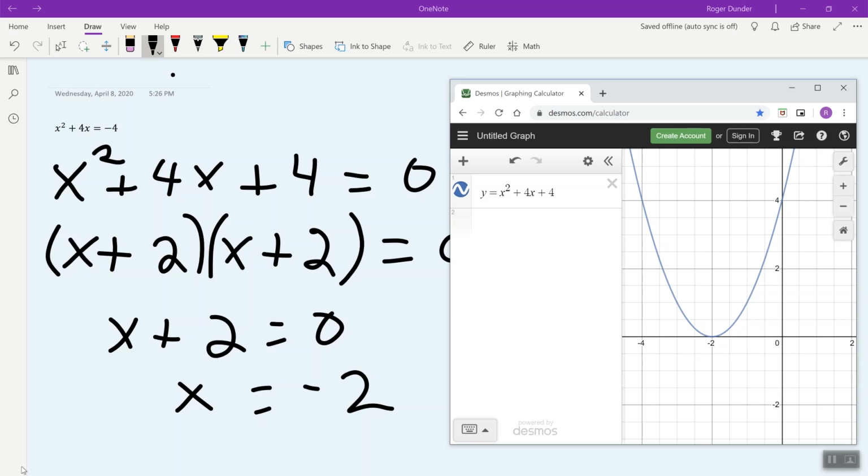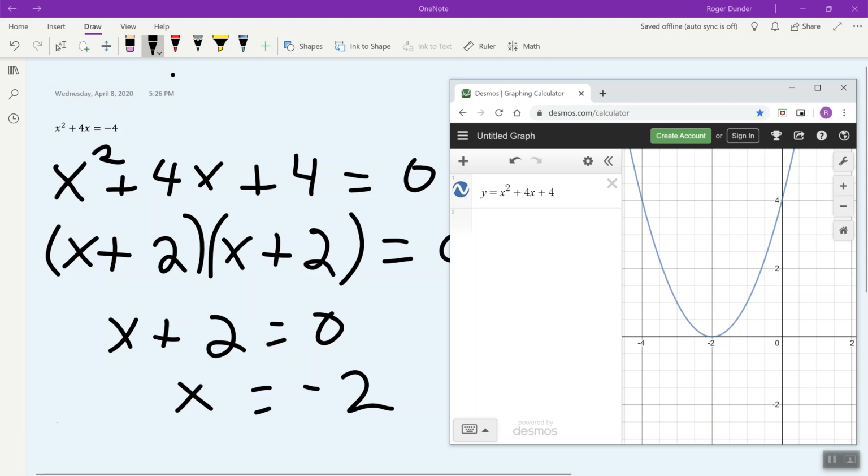That is the only 0, because we call this a double root. We have x plus 2 times x plus 2 equals 0. And what that means is that the two roots are the very same thing, x equal negative 2. So there's really just one root, x equal negative 2.